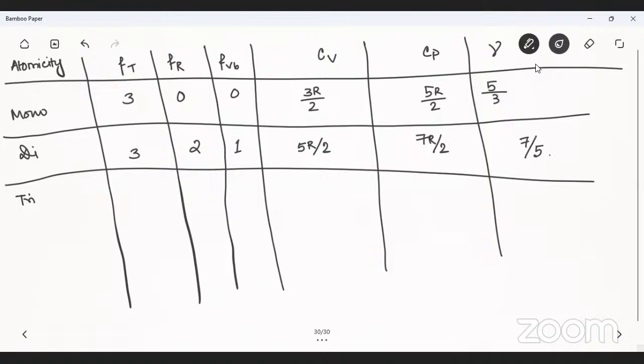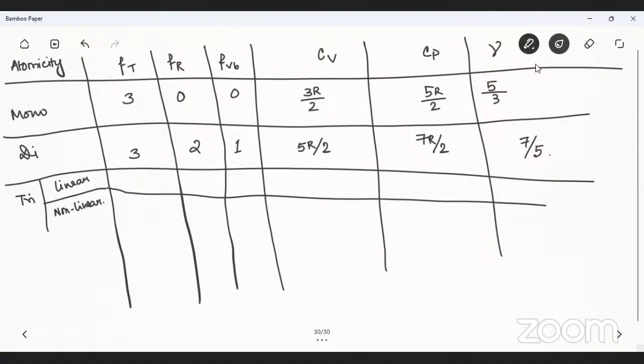For tri, you will be getting 2 things: linear molecules and non-linear molecules. Accordingly learn. So it is 3, here it will be 3, here it will be 2, here it will be 3, 4, 3. It will be 5R by 2, it will be 3R.